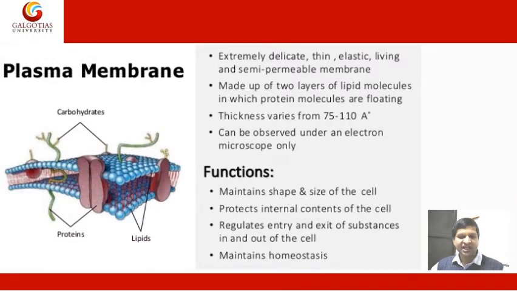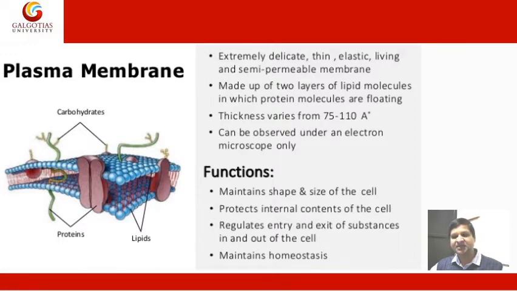Plasma membrane. If you see the image, carbohydrates, proteins, and lipids are labeled. It is an extremely delicate, thin, elastic, living and semi-permeable membrane made up of two layers of lipid molecules in which protein molecules are floating.